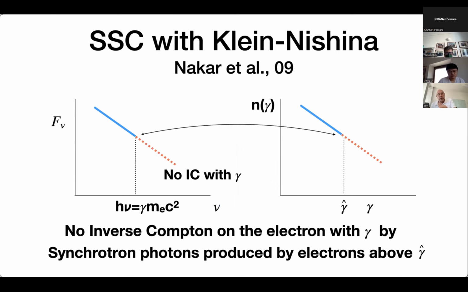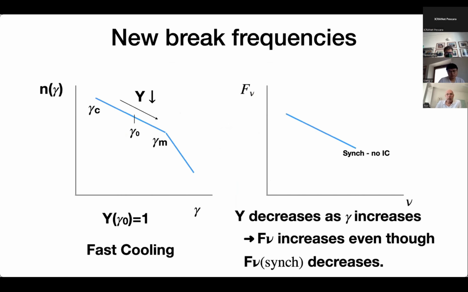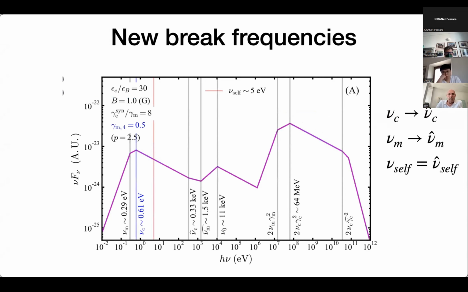And then we get this suppression, and this addition of inverse Compton adds a whole list of complications, synchrotron and inverse Compton in Klein-Nishina. So for example, this is the kind of spectrum that you get because of additional new break frequencies.